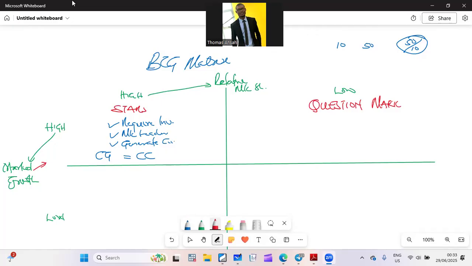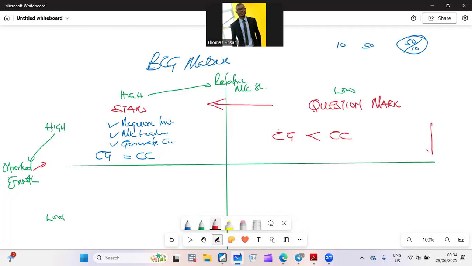You are in doubt. And so the cash generation is less than the cash you consume. Why? Because you want to make the project become a star, as you can see.